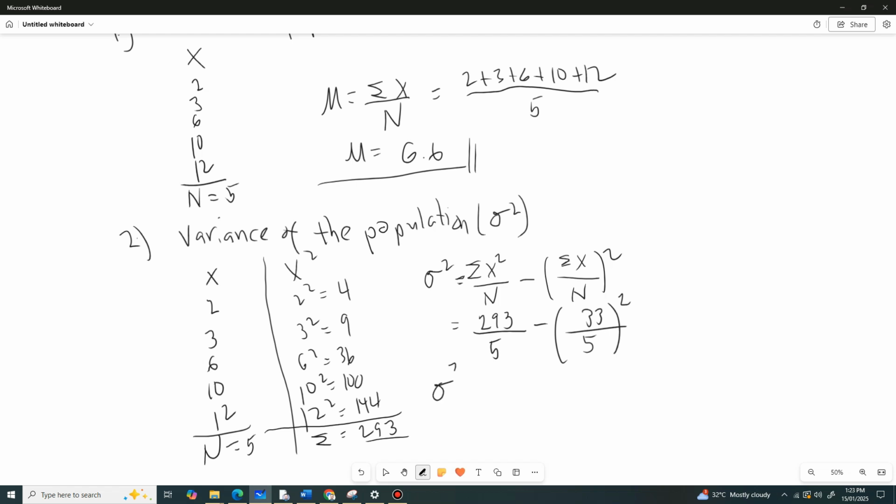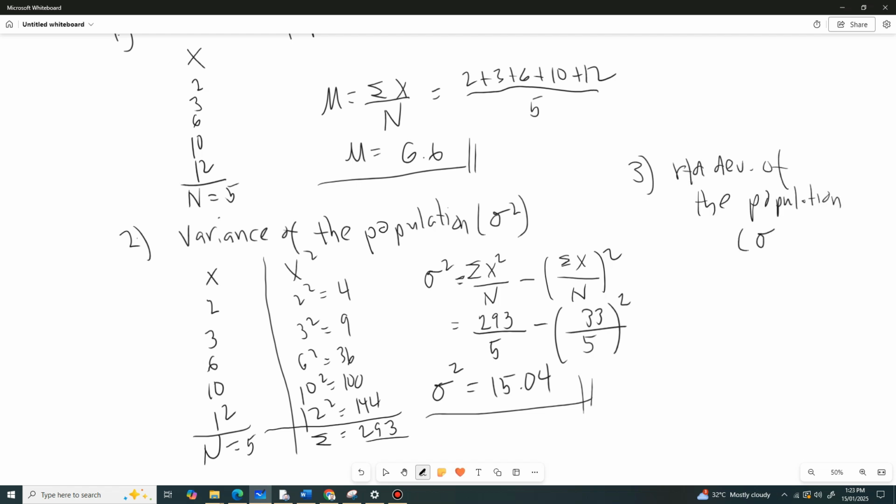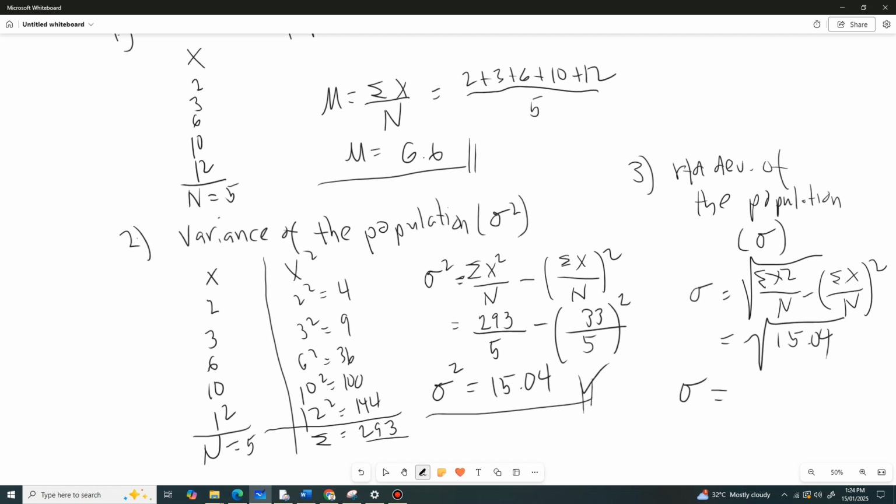So our variance of the population, or the population variance, is 15.04. To get the standard deviation of the population, we will get the square root of the variance. So the square root of 15.04 will give us 3.80.